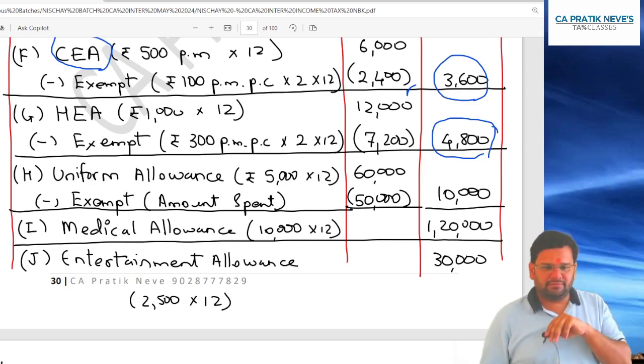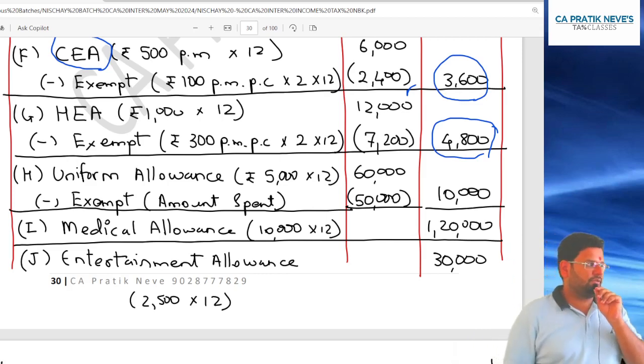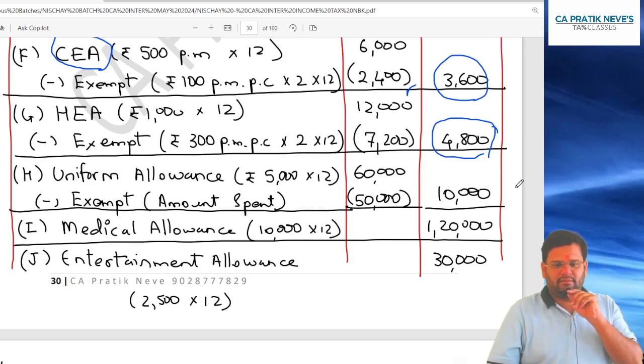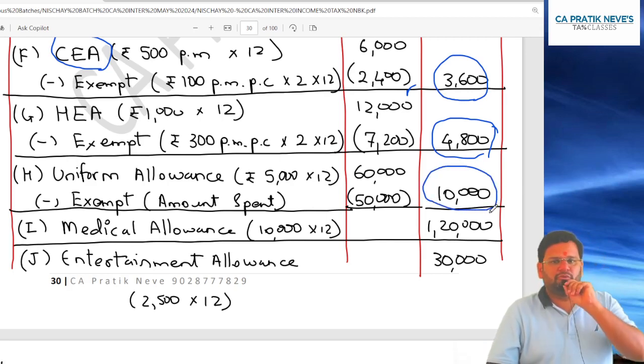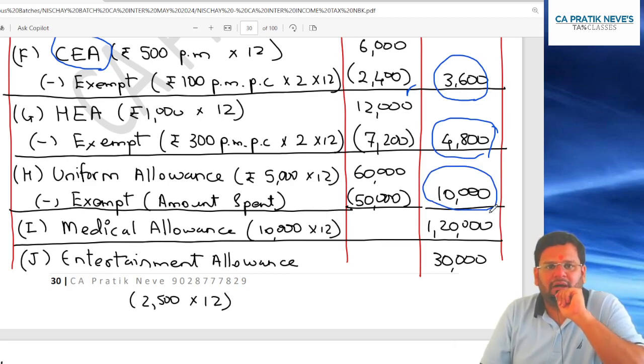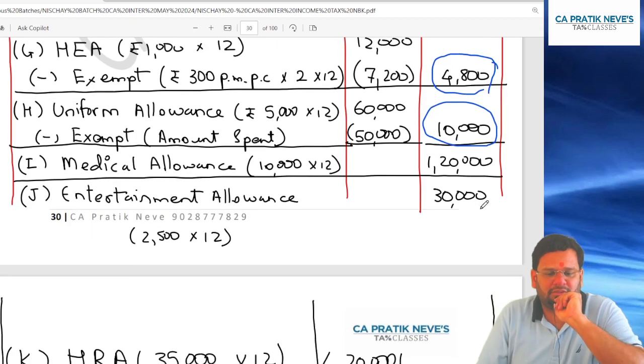Amount spent is given 50,000. You can keep on checking your sum. 10,000 will be taxable. So friends, observe whatever was fully taxable, I have directly taken in second column. Whatever was exempt, I have first taken in first column, then taken the exemption.